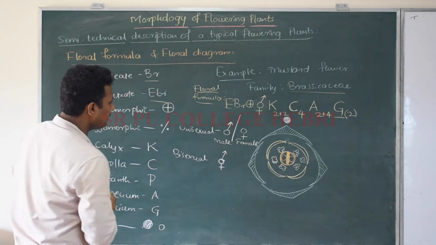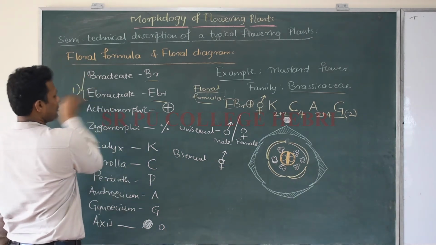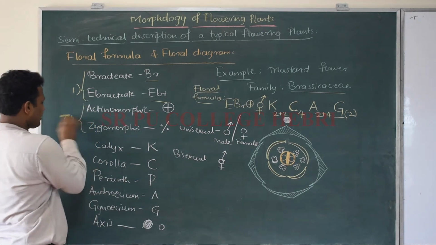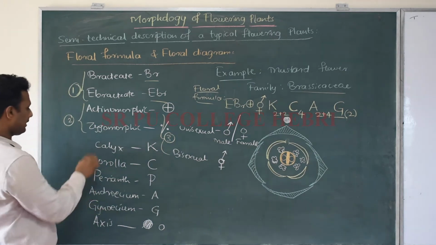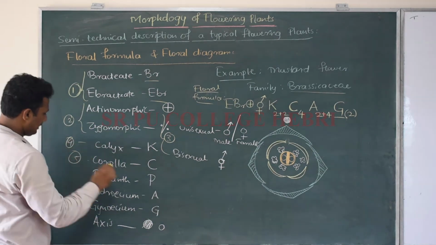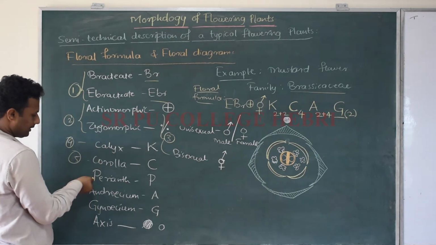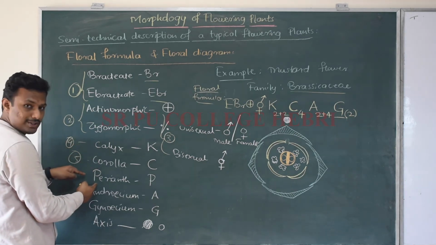So the first thing that we need to mention is bract. Actinomorphic or zygomorphic is the second one. This is the third one, and then calyx is the fourth one. Corolla is the fifth one. Then perianth. When calyx and corolla both are there, there is no question of perianth.